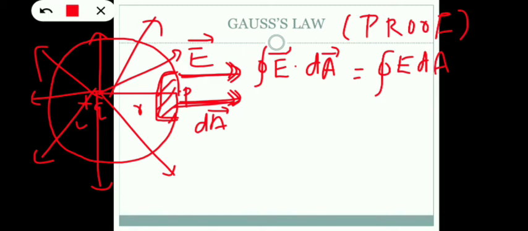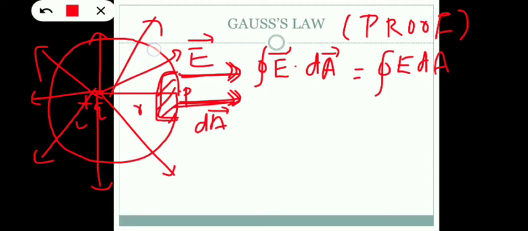So here we can write E dot dA is equal to E dA cos theta, which is nothing but E dA cos 0. And what is cos 0? Cos 0 is 1, so it will vanish. So we got integral E dot dA is equal to integral E dA. This electric field intensity will be the same; it is a constant at any point on the surface of the sphere.